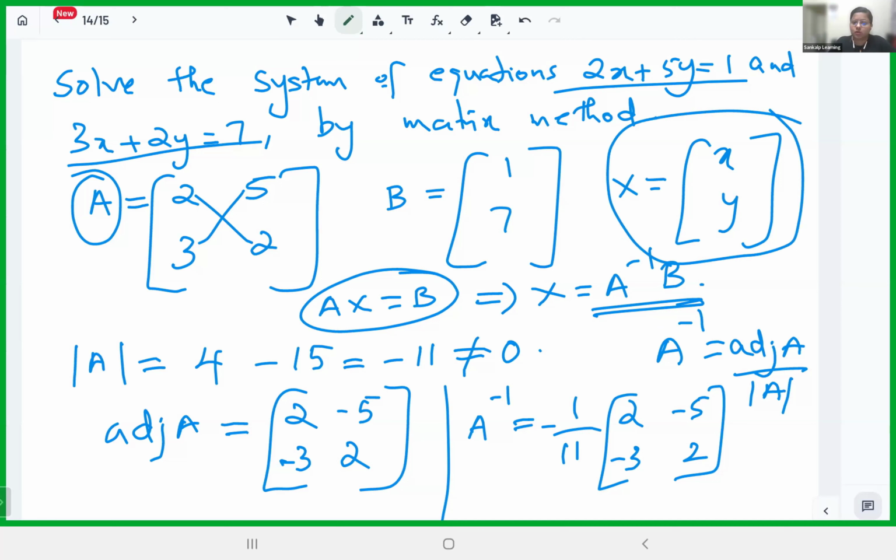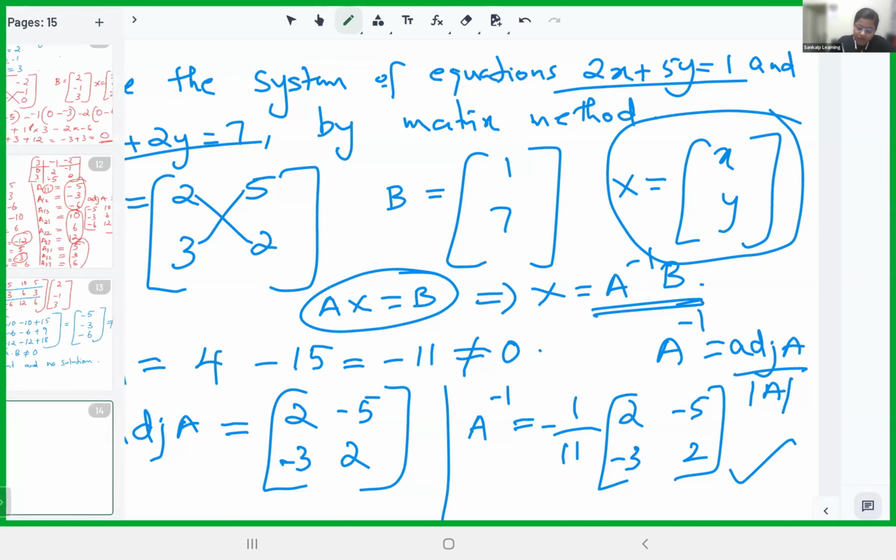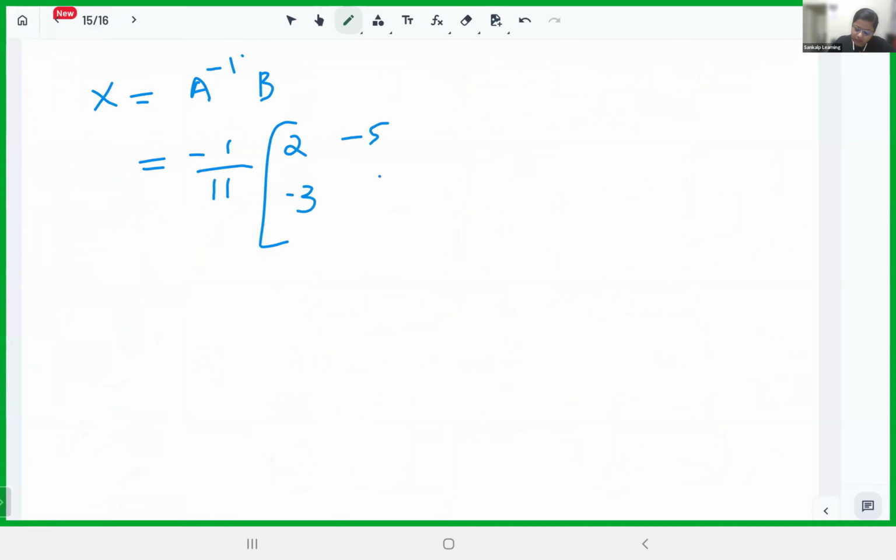X is equal to A inverse into B. Now that we have A inverse, for finding X you have to multiply A inverse with the matrix B. A inverse is equal to minus 1 by 11 into [2 -5; -3 2], into B, which is [1; 7]. First you do the matrix multiplication, then you multiply it with minus 1 by 11.